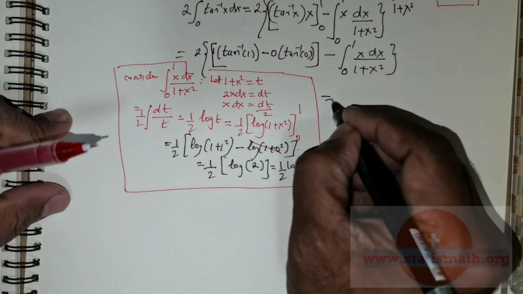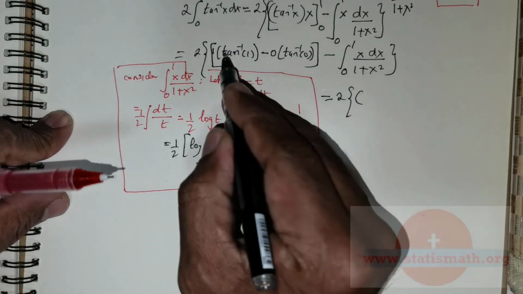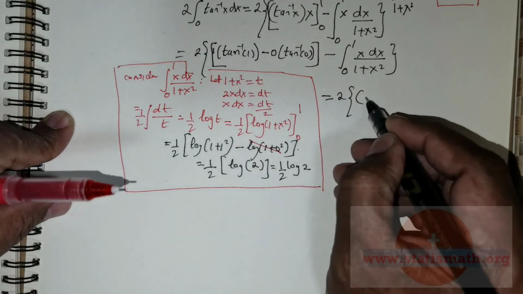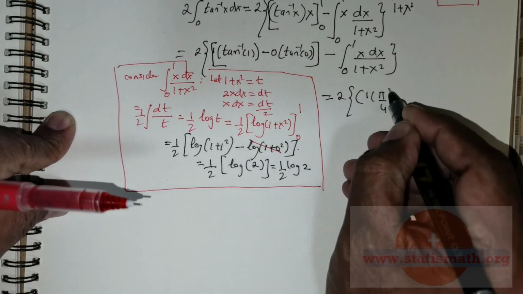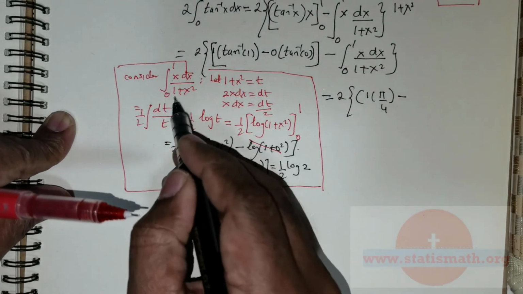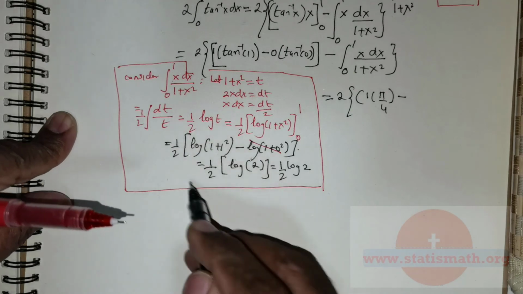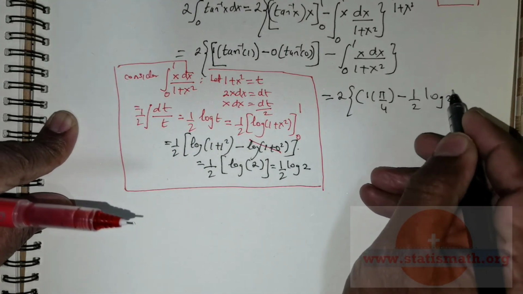Now I'm going to substitute the finding. This is equal to 2 times 1 times tan inverse of 1, which we know is pi over 4. So it's 1 times pi over 4 minus the value of the integral from 0 to 1 of x dx divided by 1 plus x squared, which is 1 over 2 log 2.